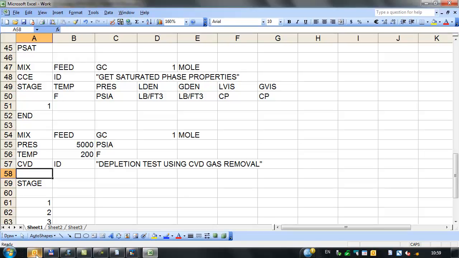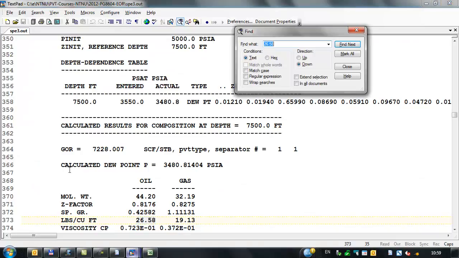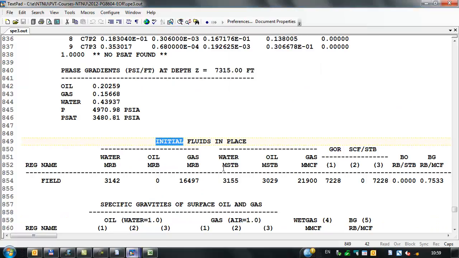It doesn't really matter, but if we want to look at recoveries, we could look at the output here just for the fun of it. We can say that the initial hydrocarbon volume is that.